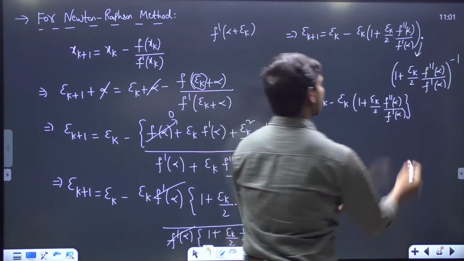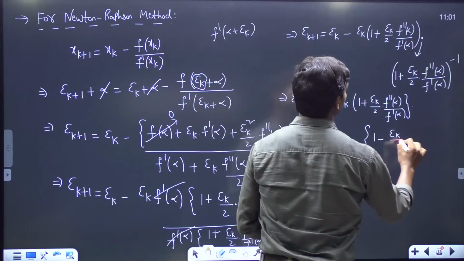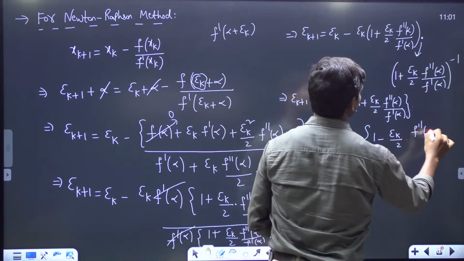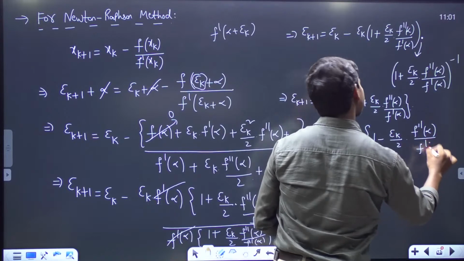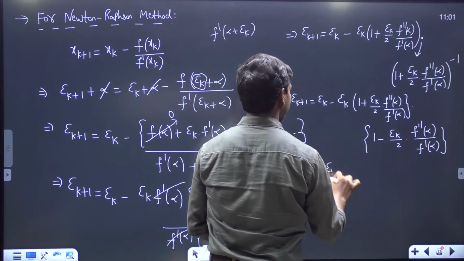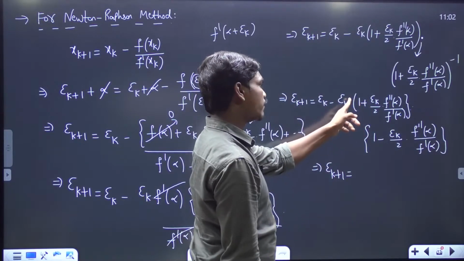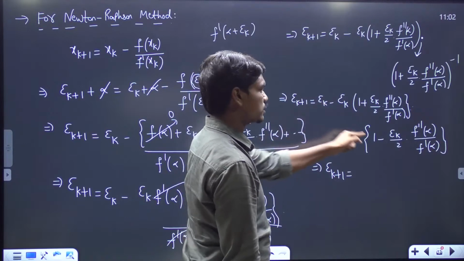When you multiply this into this expansion, if you write 1 minus ek by 2 into f''(alpha) by f'(alpha), neglecting higher terms of ek square and all, this will give us something like ek plus 1 is equal to, see, if you multiply this, there will be one ek and this ek cancels this, correct?